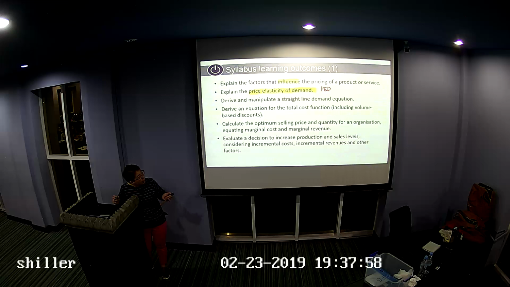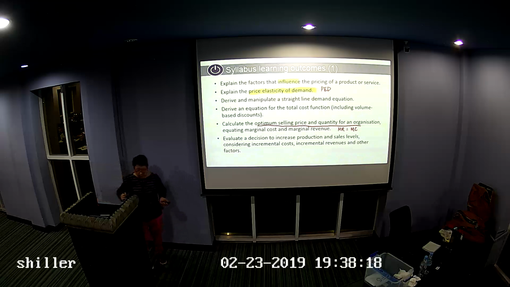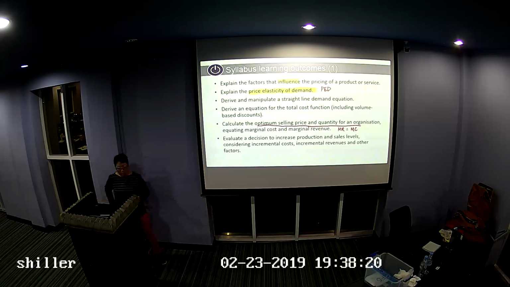Then, the next one: optimum selling price and quantity for an organization when MR, marginal revenue, is equal to marginal cost.